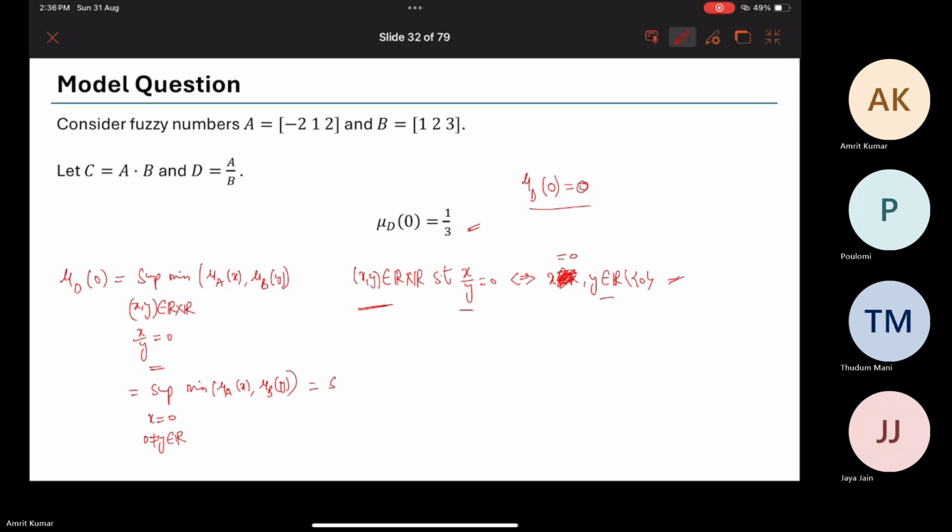So here x is constant, x has to be equal to 0. So we'll simply put x as 0 there, right?